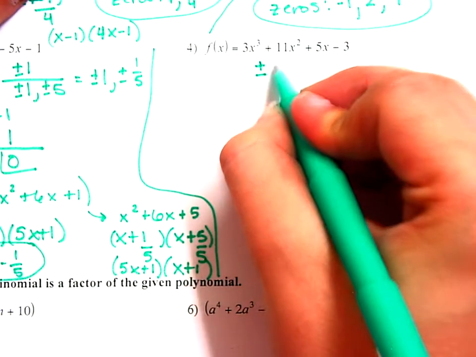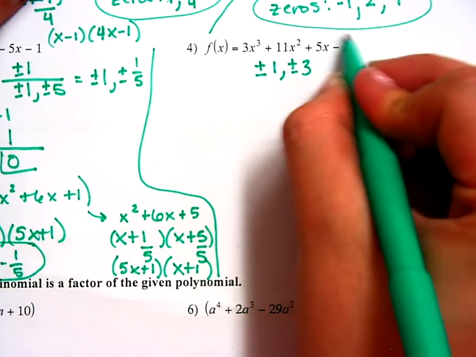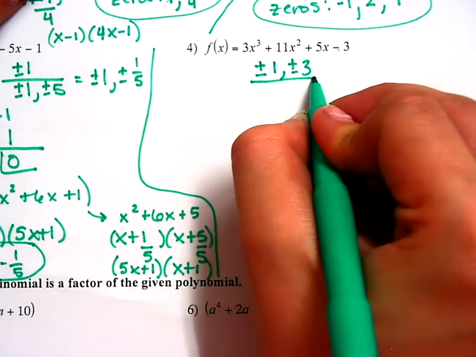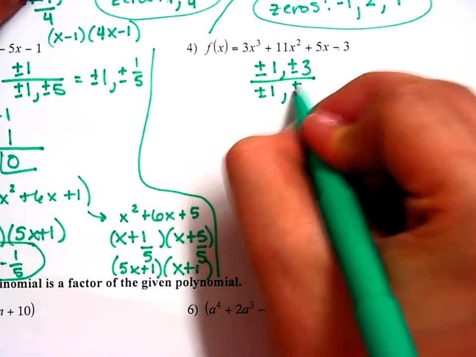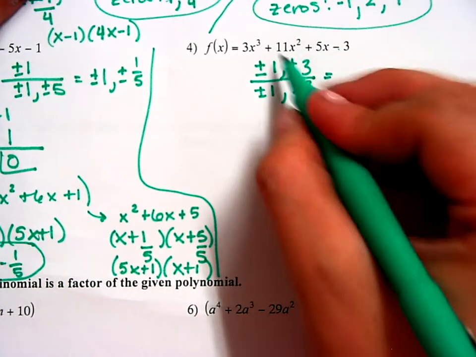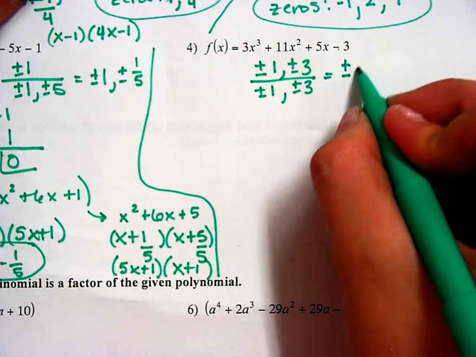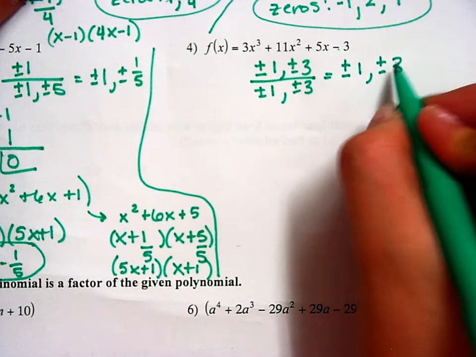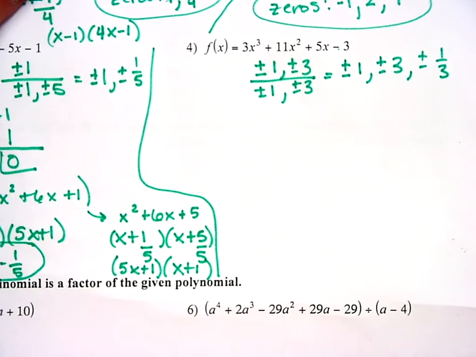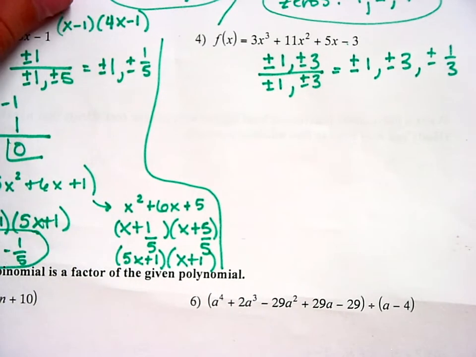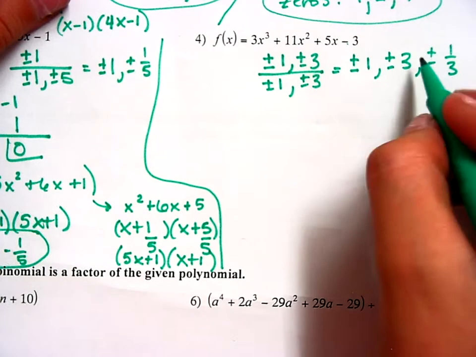So plus or minus 1, plus or minus 3, that's from the constant, and then divide by the factors of 3, plus or minus 1, plus or minus 3. So this is going to give me plus or minus 1, 3, or 1/3. And then let's try them out again. Let's try something other than 1.